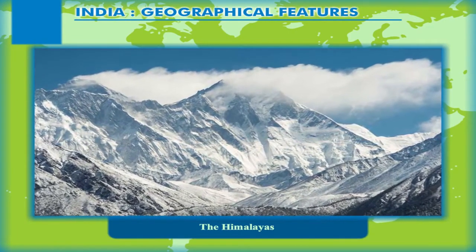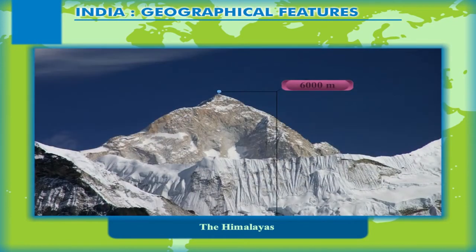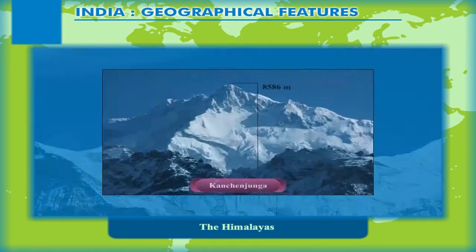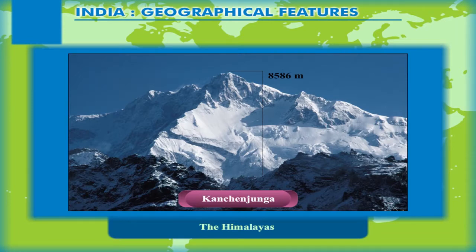The lofty peaks of the Greater Himalayas, with an average height of about 6,000 meters, are almost always covered with snow. In India, the highest peak of the Himalayas is Kanchenjunga, 8,586 meters, which lies in Sikkim.